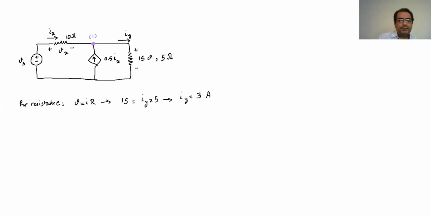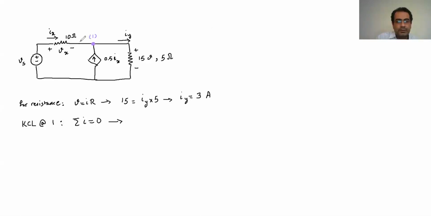If I write the KCL, Kirchhoff current law, at node 1, it says that if I add all the I going through that node, it should be 0. So what are the I's in that node?